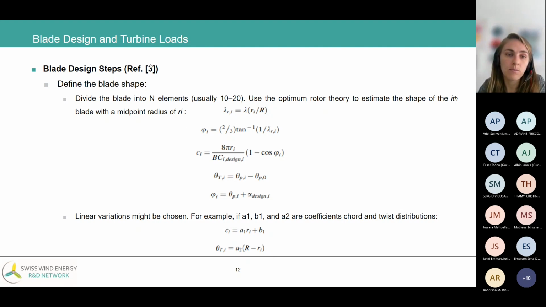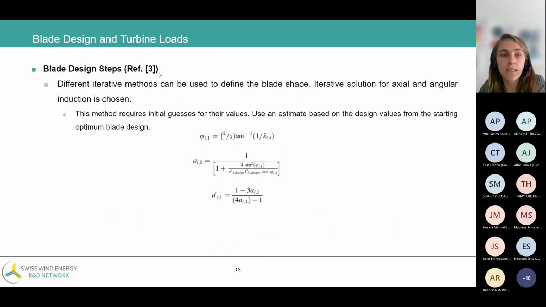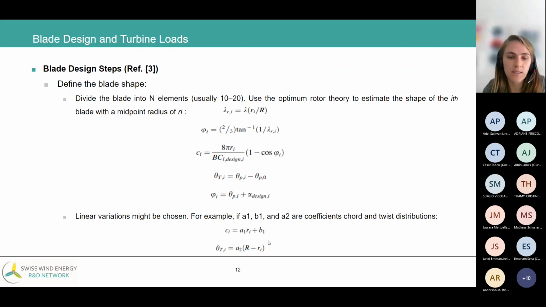If we go into this book, we have different methods, but here the method that I chose was the method that uses the axial and angular induction for solving these first equations here. Because, as I mentioned to you, the inductions will be changing, dependent on the rotor speed that you use, dependent, for example, on the lift design that you use.